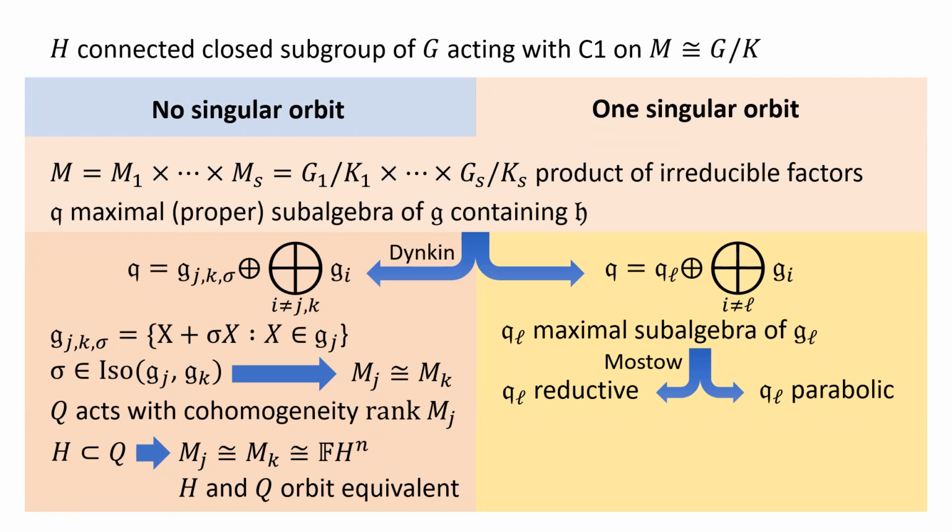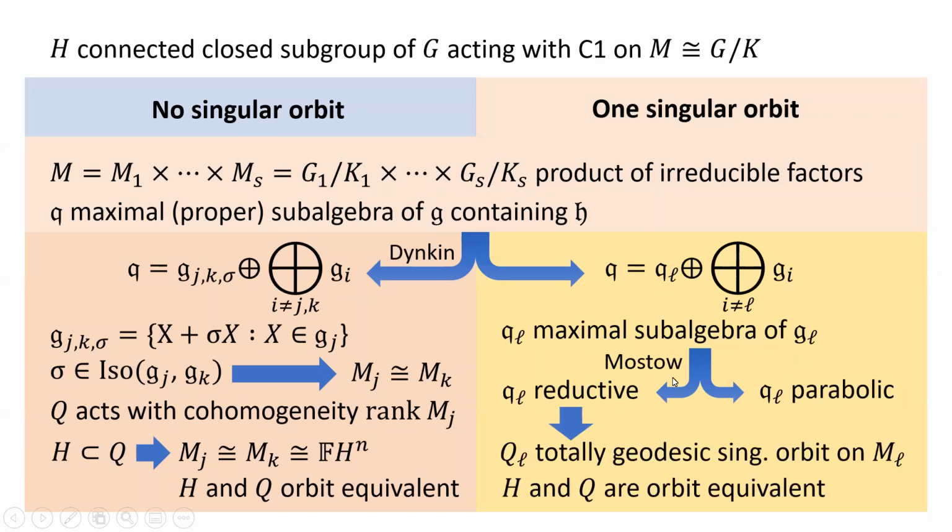And in our context, what this means is that QL is invariant under some Cartan involution of the simple factor GL. Or if you want, it's canonically embedded with respect to a Cartan decomposition of GL. And geometrically speaking, this means that the associated group, capital QL, acts on this factor with a totally geodesic singular orbit, a proper totally geodesic singular orbit.